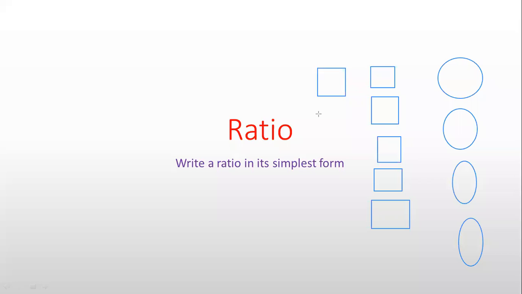Ratio of a square to circle, what to what? 6 to 4: 1, 2, 3, 4, 5, 6. So you started with a square or you started with circles? You started with square. So what do you have to say? 6 to 4. Yes, 1, 2, 3, 4, 5, 6. So it will be 6 to 4.